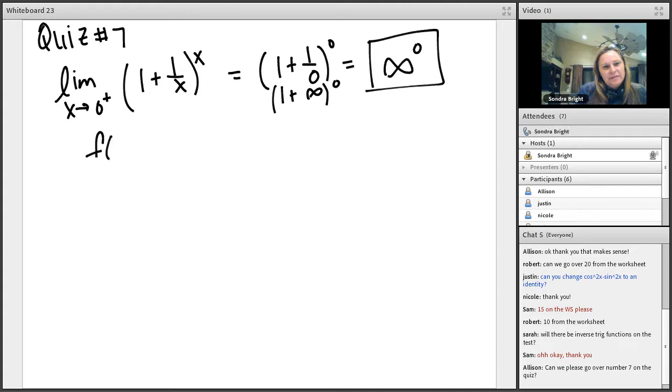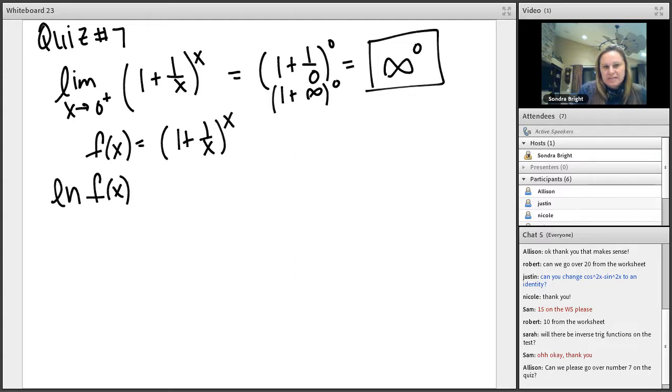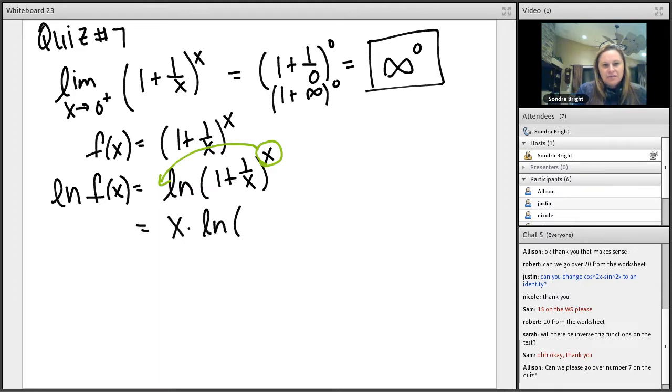So I'm going to let f of x be my 1 plus 1 over x to the x so that I can take the natural log of both sides. And I do that so that I can take this x and bring it around front like that, so that this ends up becoming an x times the natural log of 1 plus 1 over x.